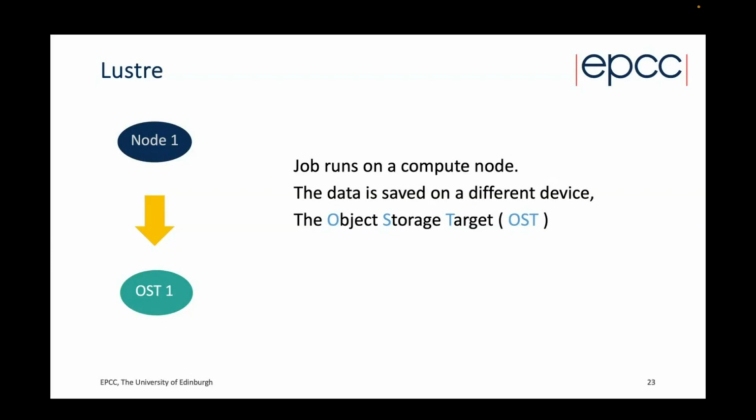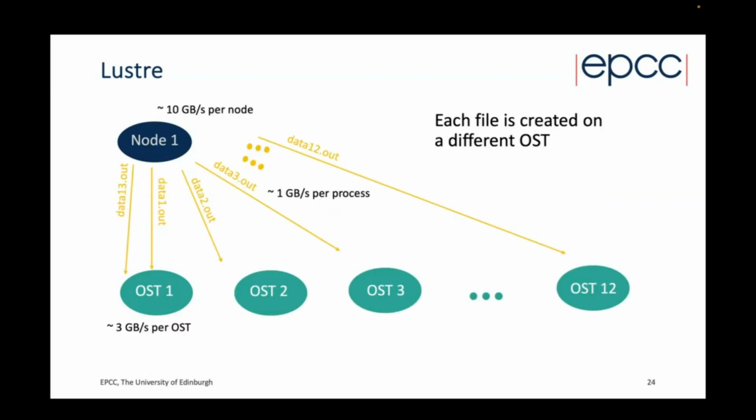The data needs to be sent from a node to an OST, and that's taken care of by the Lustre file system. So when we're writing lots of files, each file will be created on a different OST, and Lustre will take care of making sure that the usage of the OSTs is balanced across your application and across all users on the system.